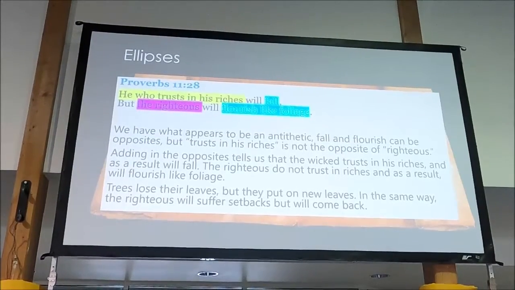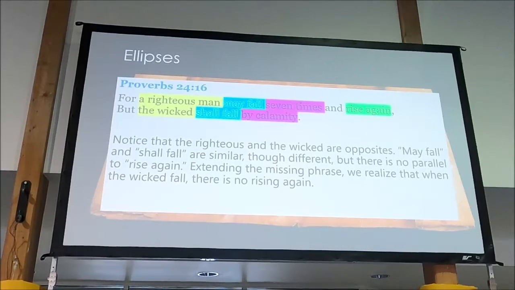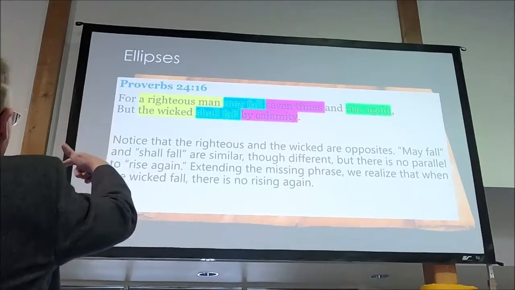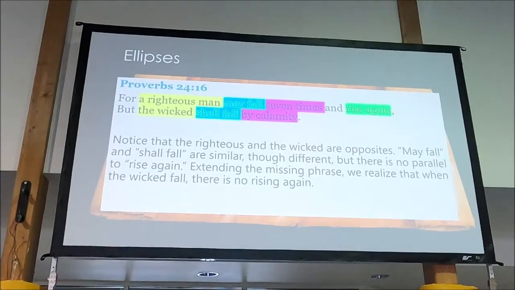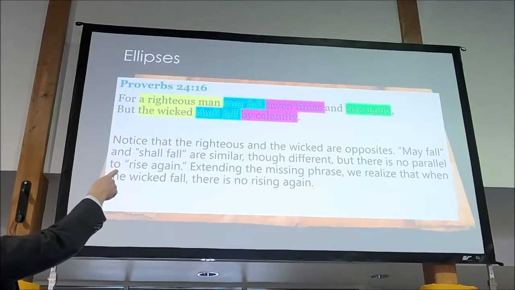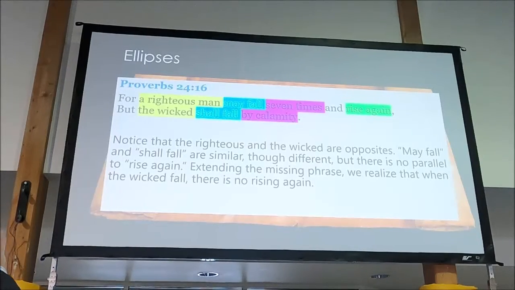Falling in times of clarity would be, I finally can see, oops. Again, take a look at that. The righteous man, the wicked, those are opposites. May fall, shall fall, well, those are synonymous. Okay, 7 times by calamity and rises again.